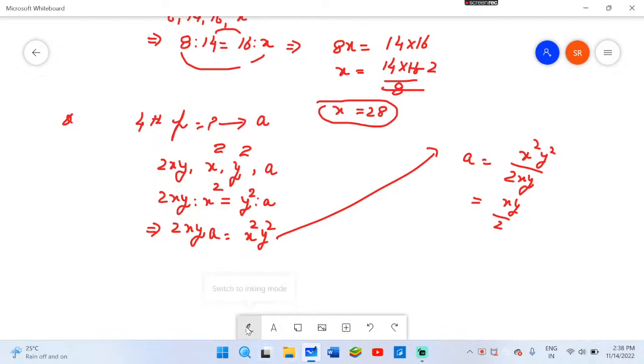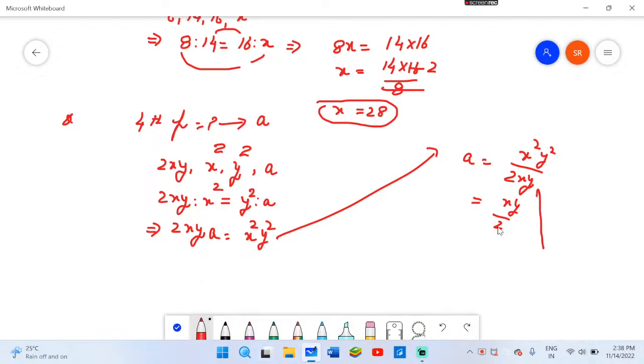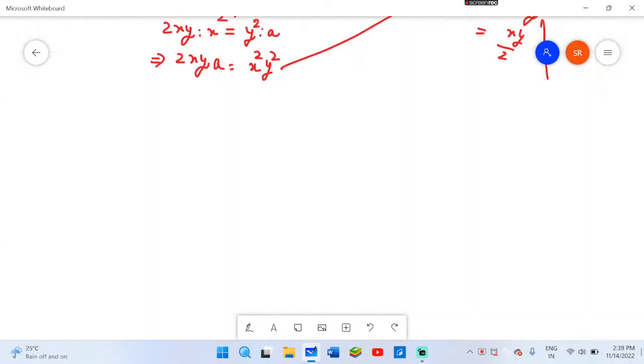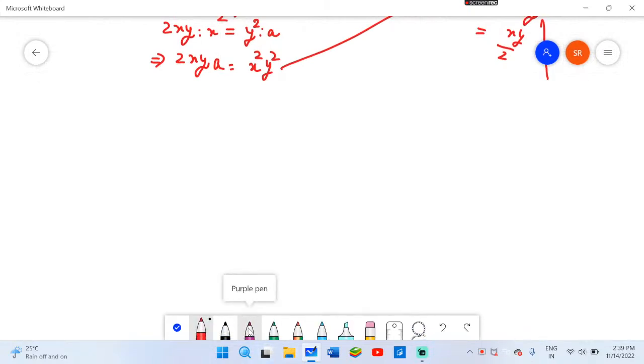Next type is to find the third proportional. Let us say the given numbers are 9 and 15.